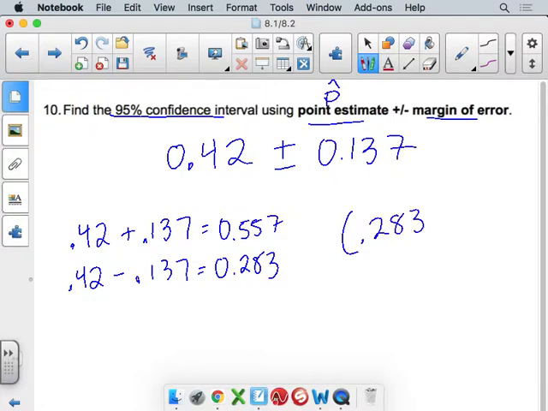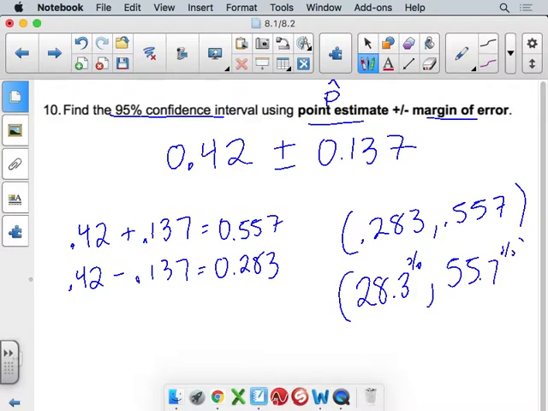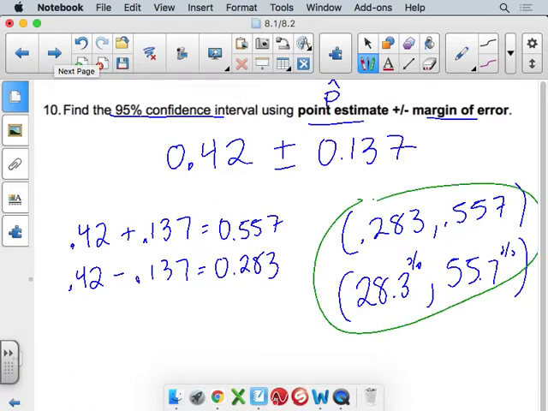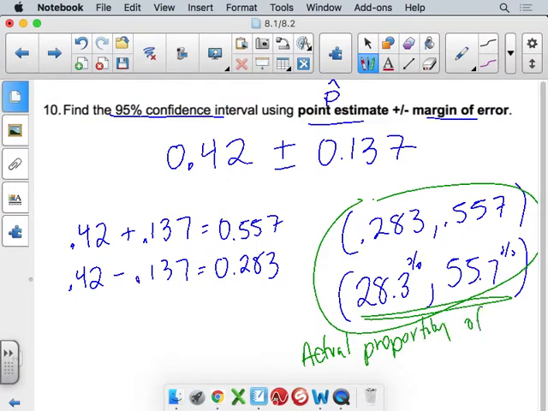You can write it as 0.283, 0.557, or you could say it like this, 28.3% to 55.7%. This is our answer, this is our interval. What we think about this is that we're 95% confident that this interval contains the true proportion of kisses landing flat.